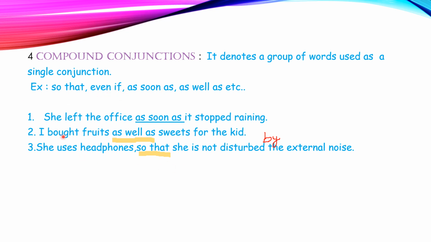For example, she left the office as soon as it stopped raining. Here we are using these three words as a single word. I bought fruits as well as sweets for the kid. She uses headphones so that she is not disturbed by the external noise. So these are some examples for compound conjunctions.